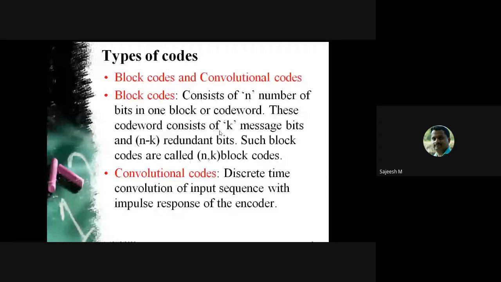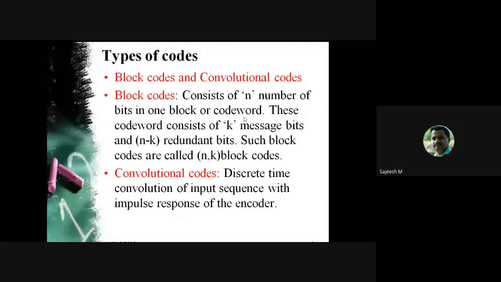If we take the message as u1, u2, u3, etc., uk, representing a message with k message bits, then we generate a code word corresponding to that u, take it as v. Then v is equal to v1, v2, v3, etc., up to vn, n number of bits in the code word. In general, we call these (n, k) block codes.